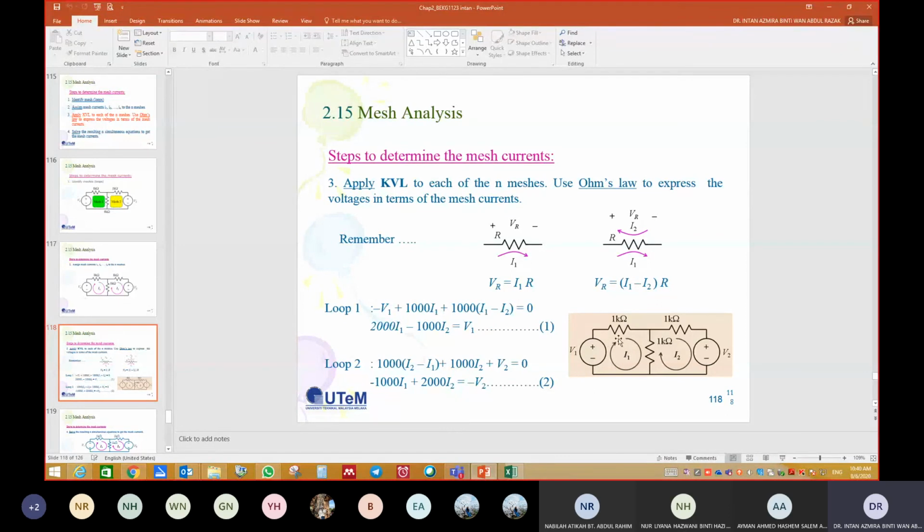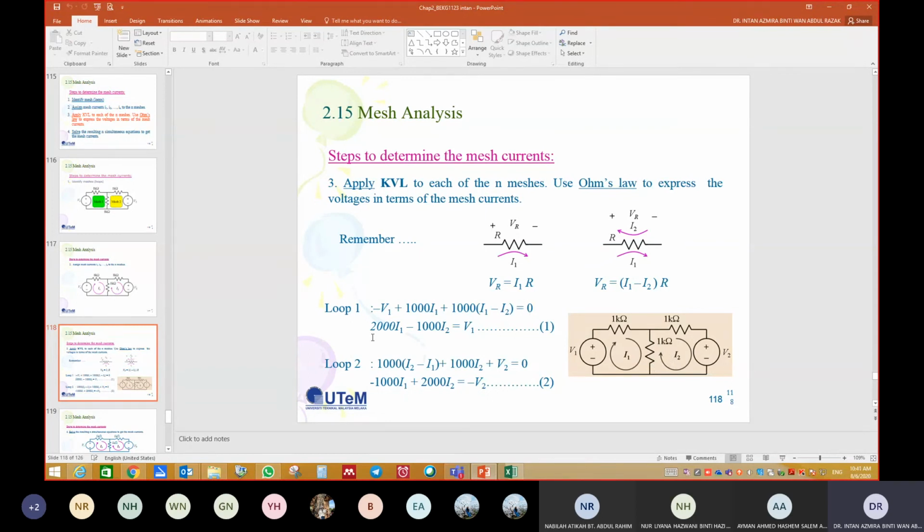Why I1 positive? Because I1 flows like this. Okay, so I1 minus I2. Why minus I2? Because I1 flows opposite to I2. So minus I2 equal to 0.